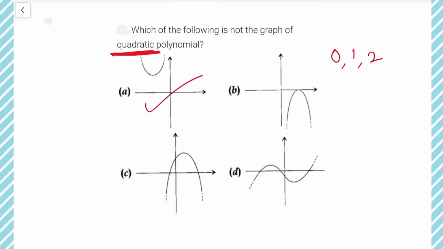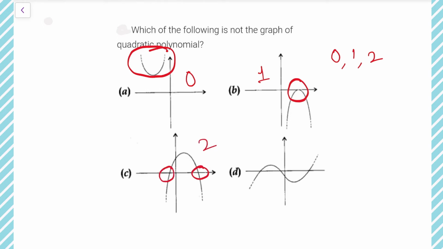In the first graph, 0, because this graph is not at all touching the x-axis. So if the graph is not touching the x-axis at all, it will be having 0 zeros. This graph is touching the x-axis at only 1 point, so it will be having 1 zero. Whereas this graph is touching the x-axis at 2 points, so it will be having 2 zeros.